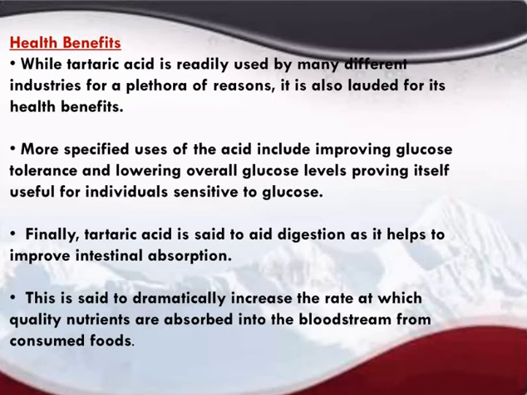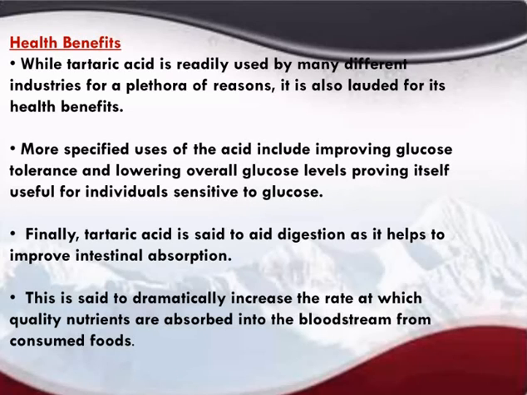Now, health benefit. While tartaric acid is readily used by many different industries for a plethora of reasons, it is also lauded for its health benefits. More specific uses of the acid include improving glucose tolerance and lowering overall glucose level, proving itself useful for individuals sensitive to glucose.